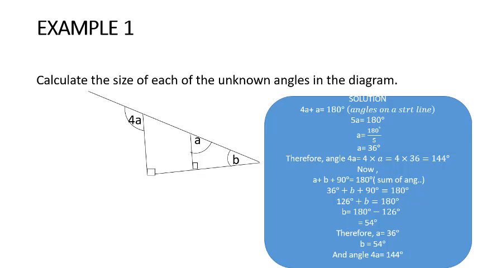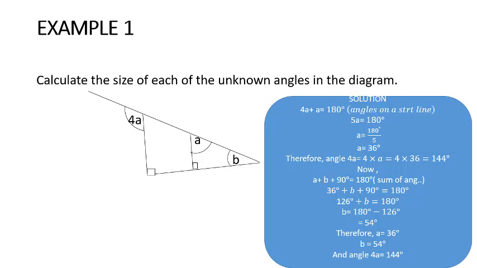So 36 degrees plus 90 degrees, the answer is 126 degrees, plus B, which is equal to 180 degrees. For me to find the value of B, I'm going to use inverse operation. So 126 will be moved to the right hand side, so it will become negative.